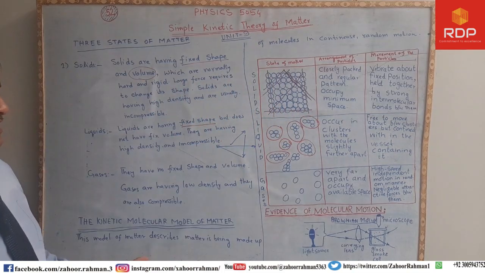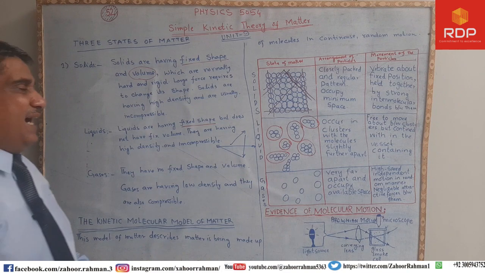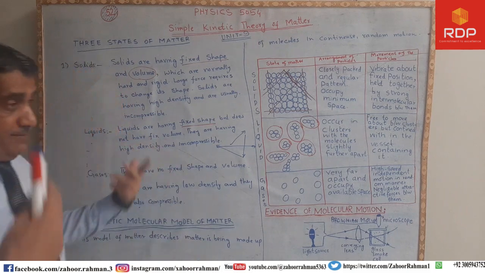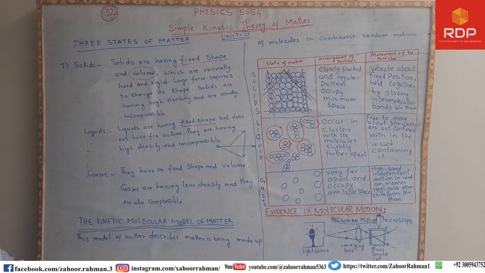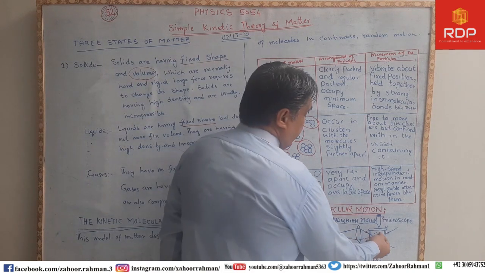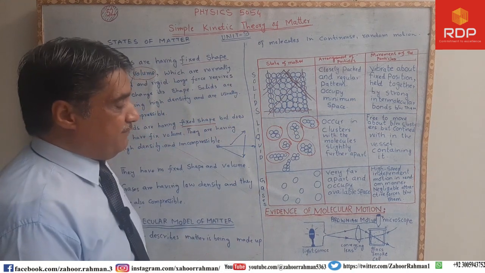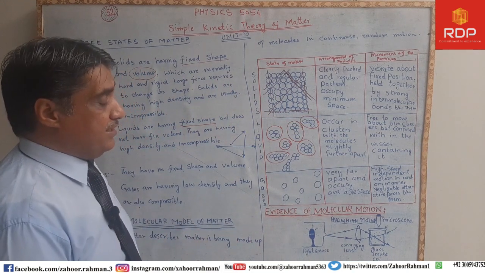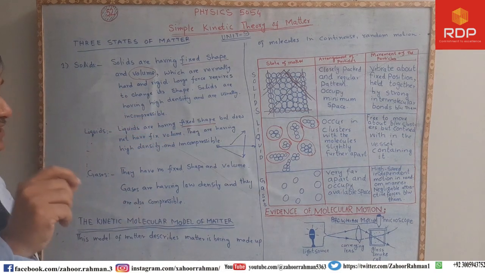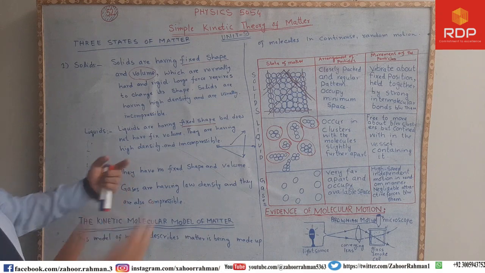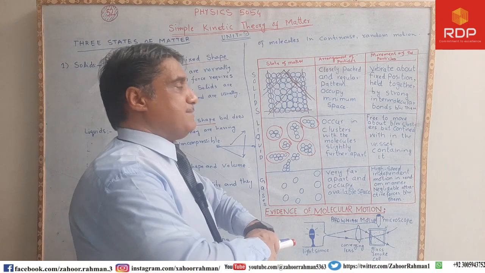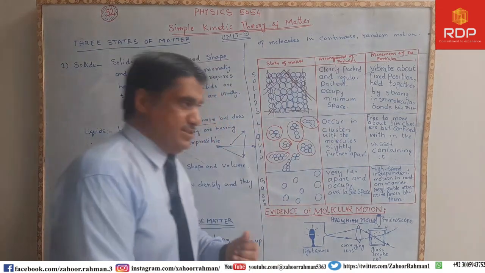But one question is there, that we are seeing the smoke particle. These are not the atoms or molecules. Yes, but these smoke particles are made up of atom or molecules, and they are bombarded by the atom or molecules of the air, and as a result they are spreading in different directions.